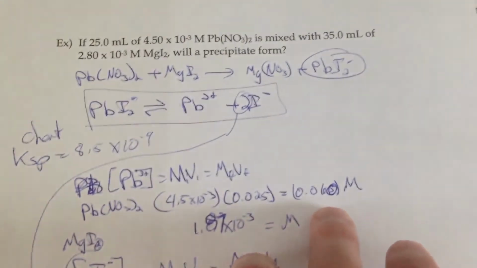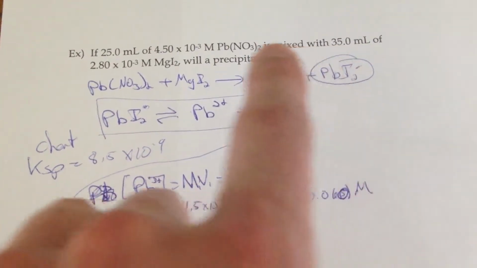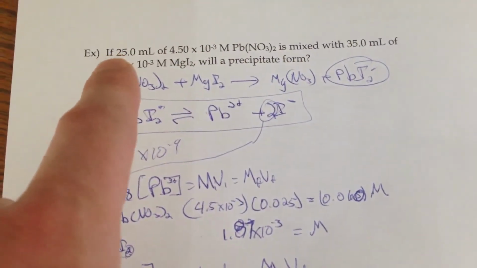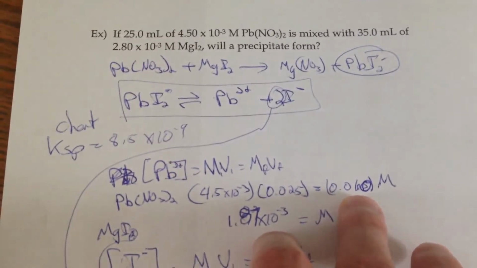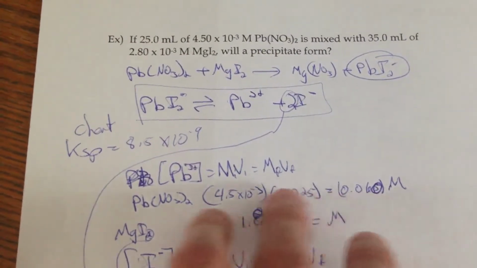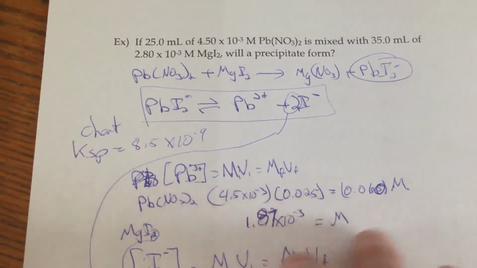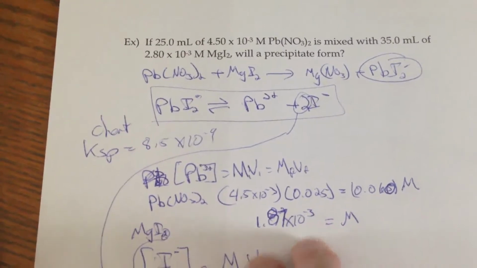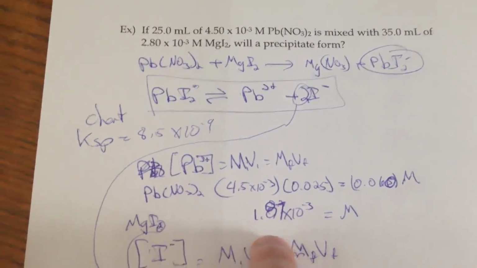Okay, equals, so the volume of the new solution is going to be 35 over here plus 25 over there. 35 plus 25 is 60 milliliters, so that's 0.06 liters. And I don't know the molarity, that's what I'm solving for. So I'm going to multiply these two numbers together, divide by 0.06, and that'll give me my molarity, my concentration of lead. Okay, so there's my first one.